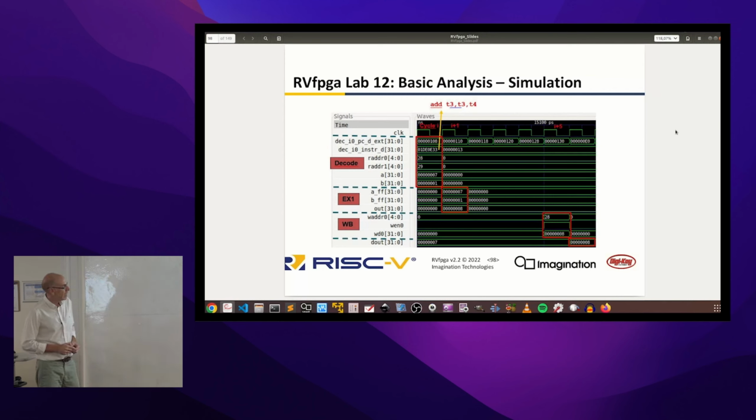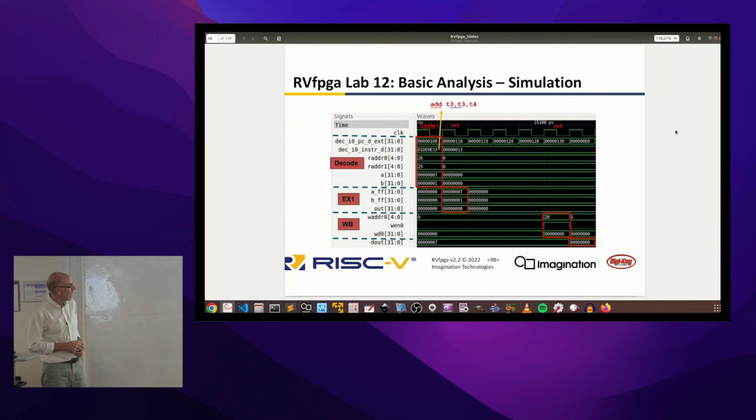This is the instruction register. This is an add t3, t3, t4. In the workshop document, we include some explanation about encoding instructions in RISC-V, so you can try to understand why this is this instruction.